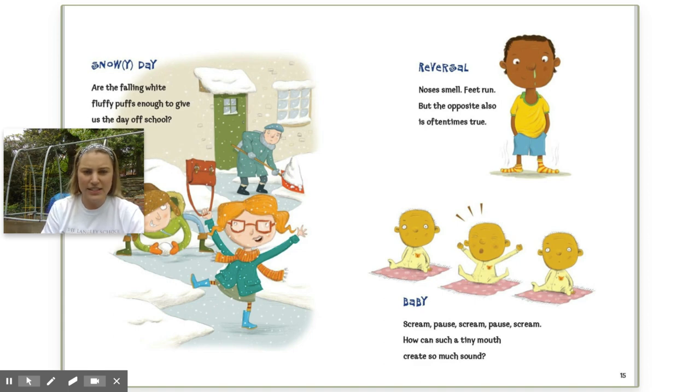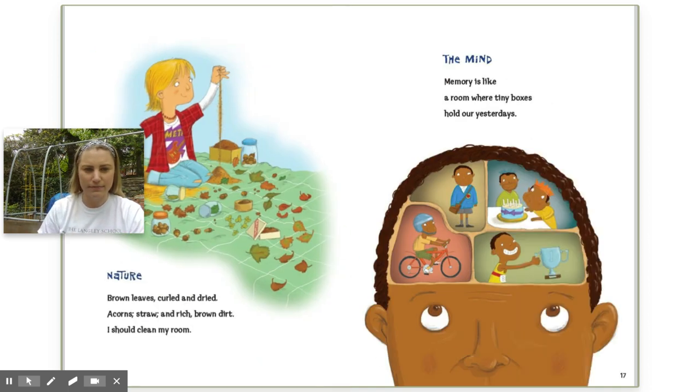Baby. Scream, pause, scream, pause, scream. How can such a tiny mouth create so much sound? Nature.